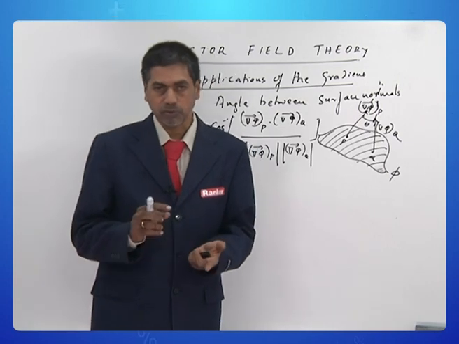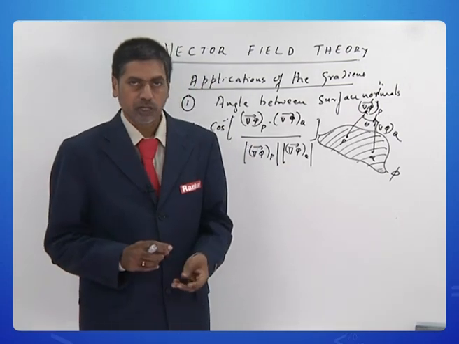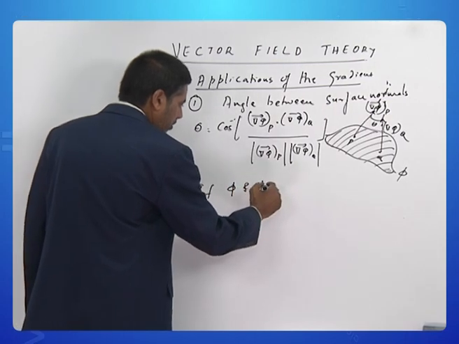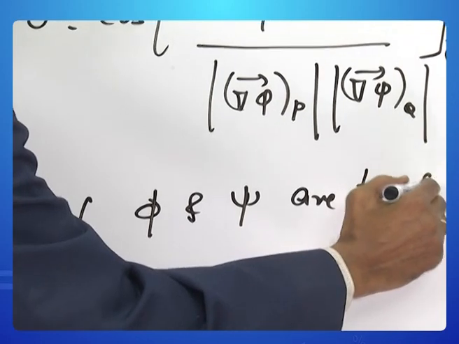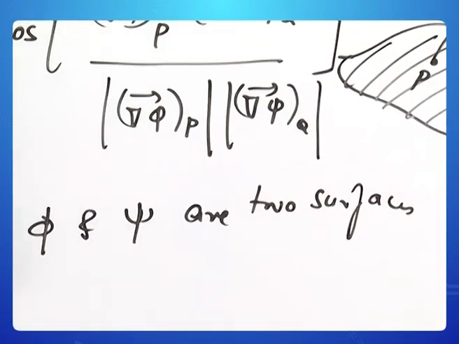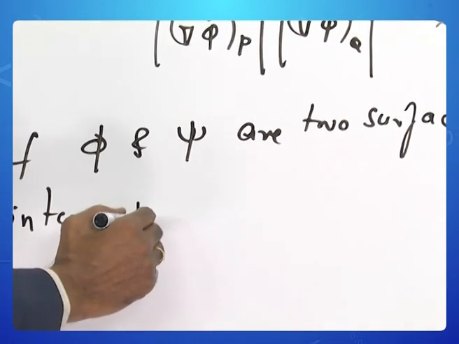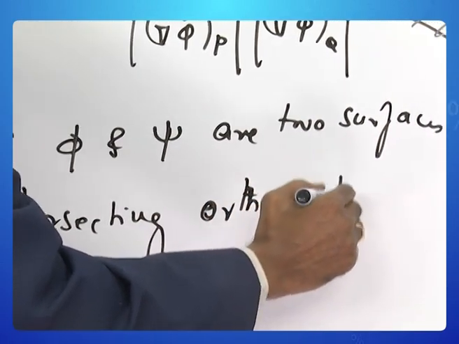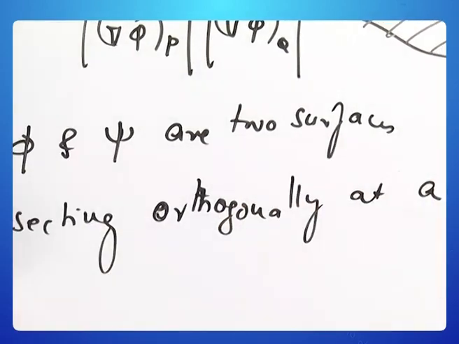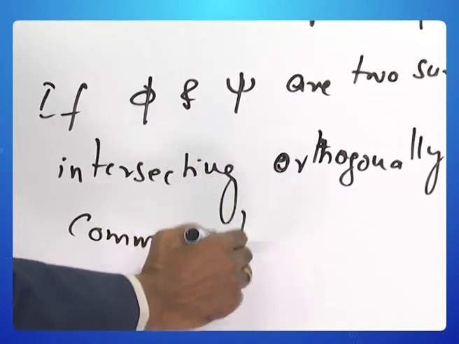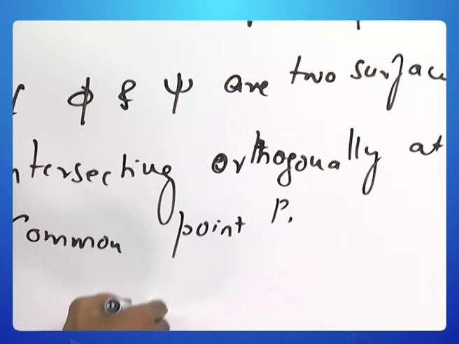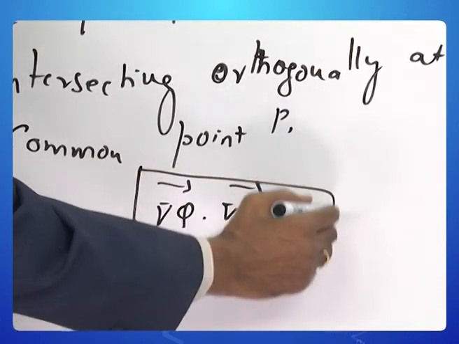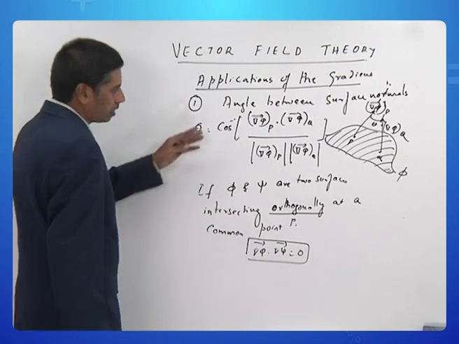So, the angle between two surfaces at a point almost follows the same formula, and let us put, however, if phi and psi are two surfaces intersecting orthogonally at a common point P, del phi dot del psi is equal to 0. So, this is one of the applications of the gradient.